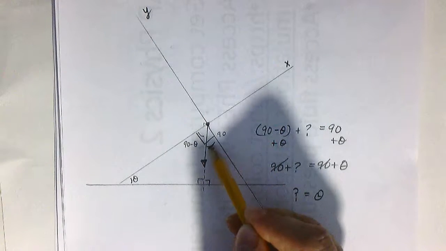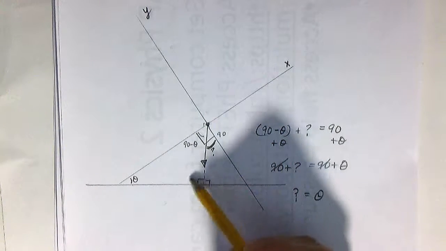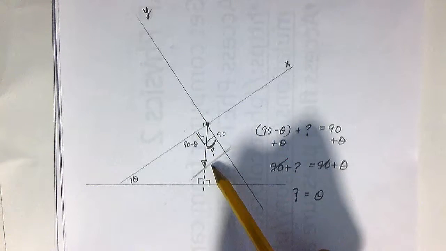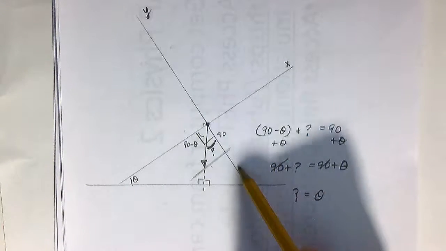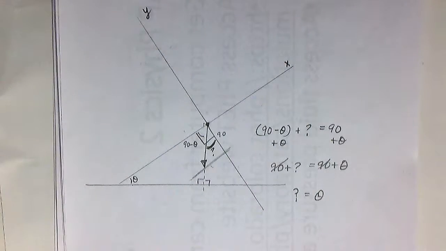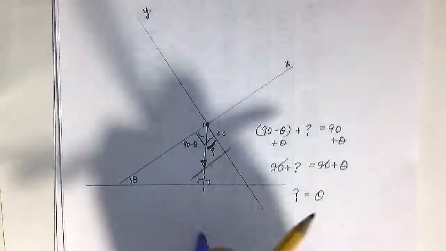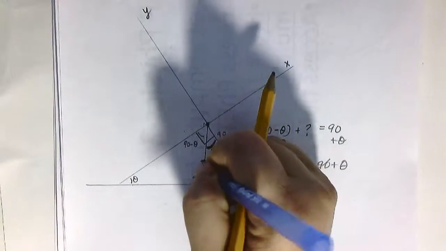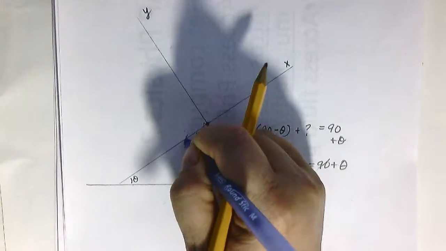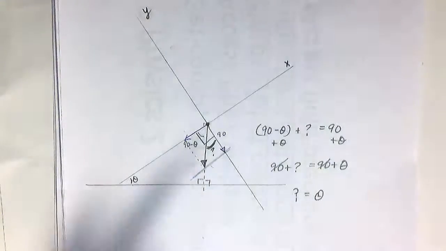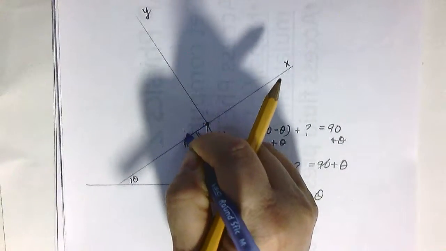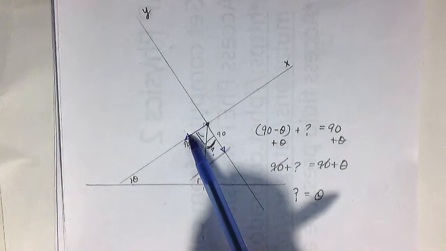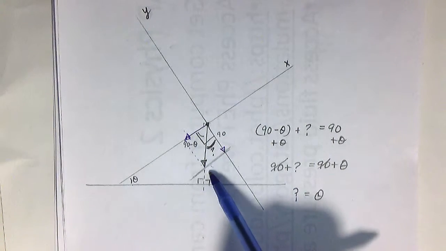Okay, this is the angle that we want to use because this component is parallel to the x-axis and this component is parallel to the y-axis. So if I were to draw my x and y components, this would be my y component and this would be my x component. So this piece here and this piece here are my x and y components of my weight.